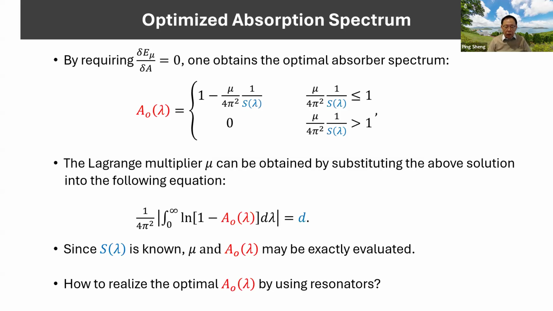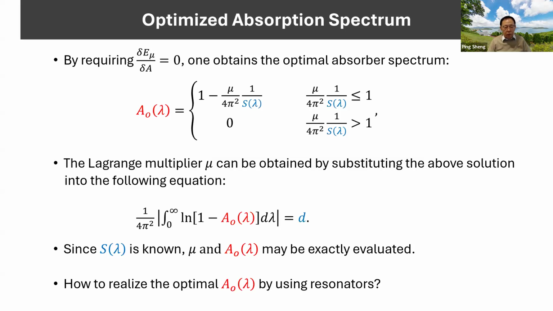And the traditional absorbers always have a monotonically increasing absorption spectrum, namely it starts from 0 at 0 frequency, and then monotonically increases as the frequency increases. And the only parameter you can adjust in a traditional absorber is its thickness.